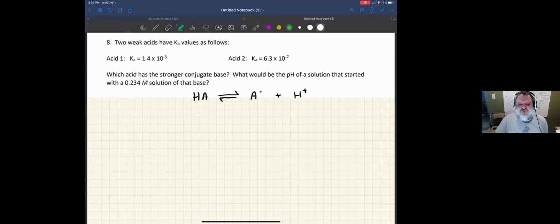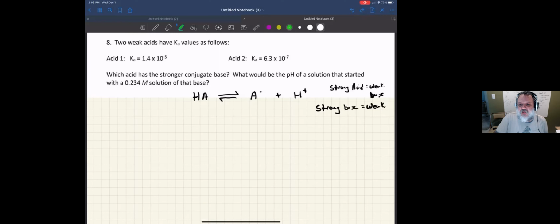And so the first thing we have to remember is that if we think about a hypothetical acid, then when we use this equilibrium that shows this hypothetical acid breaking apart, we have an equilibrium constant. And what we need to remember is that the stronger the acid, the weaker its conjugate base, and vice versa, right?